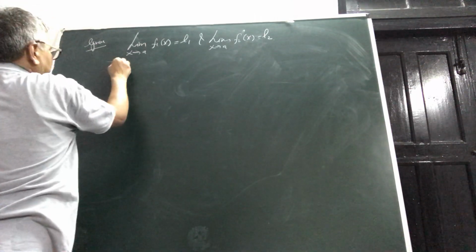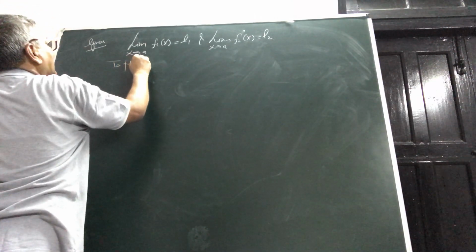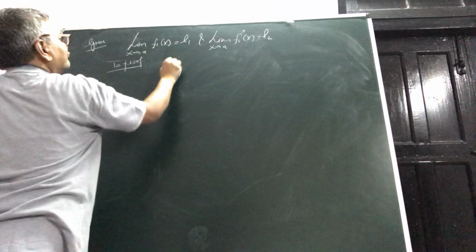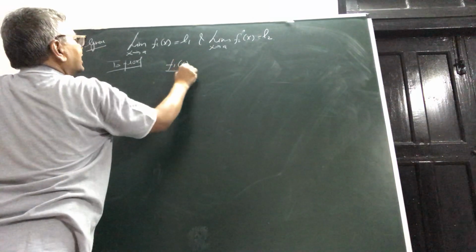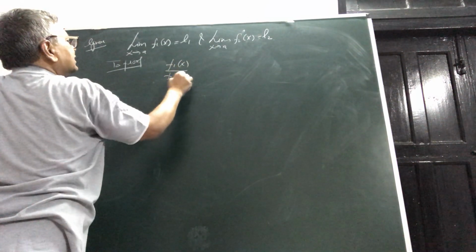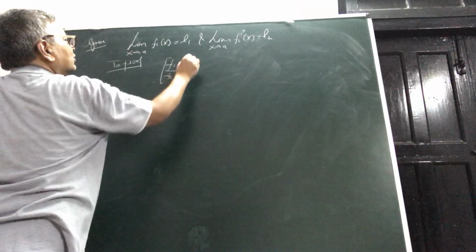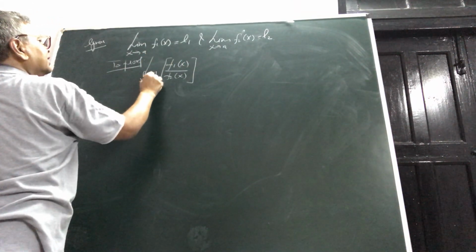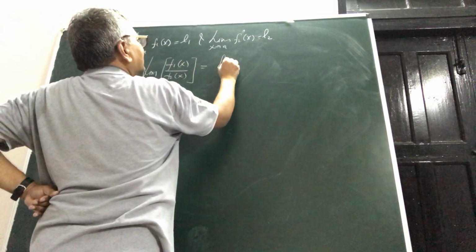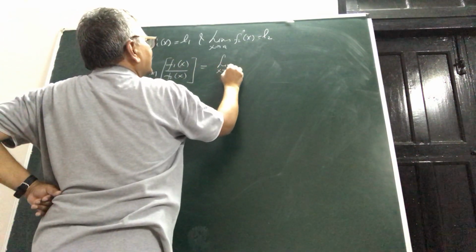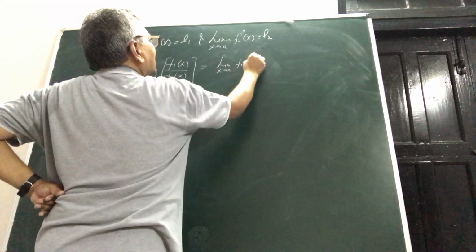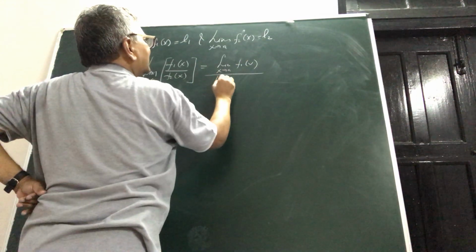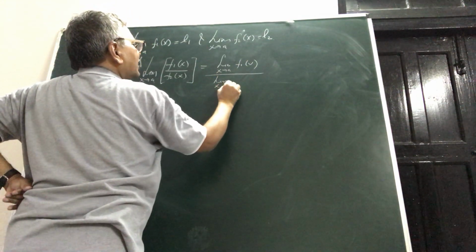Our function is f1(x) upon f2(x). The limit x tending to a of this is nothing but limit x tending to a of f1(x) upon limit x tending to a of f2(x).